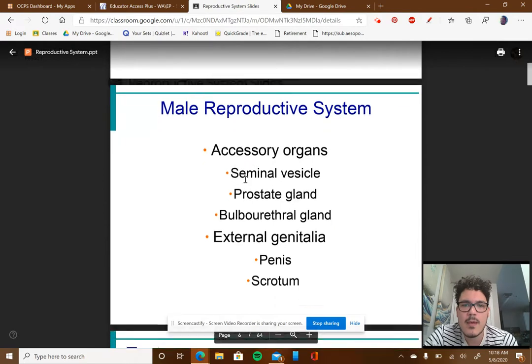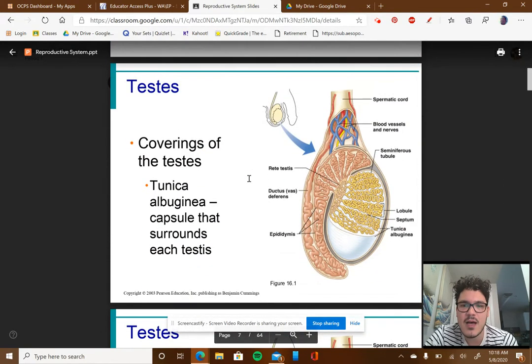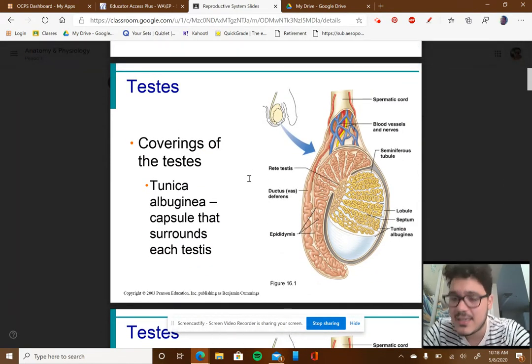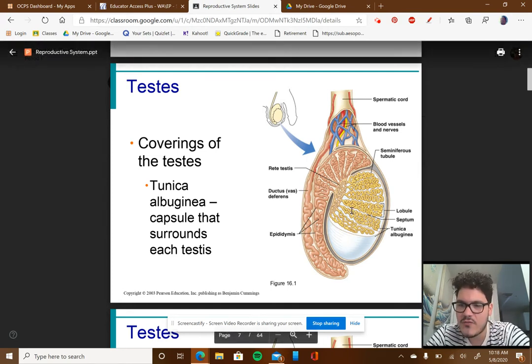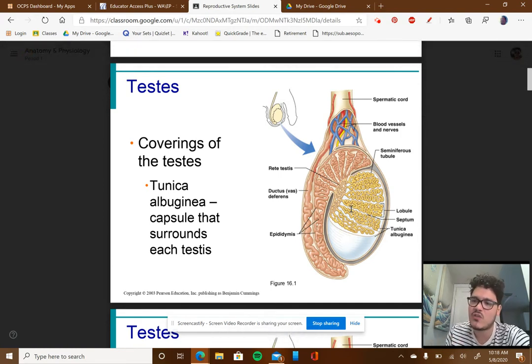Now, in the testes, men have two testes, one set overall. If one of them happens to get damaged via torsion, for example, which is a twisting action, or testicular cancer, which is something very serious that can affect men, you can still procreate with one healthy testicle.